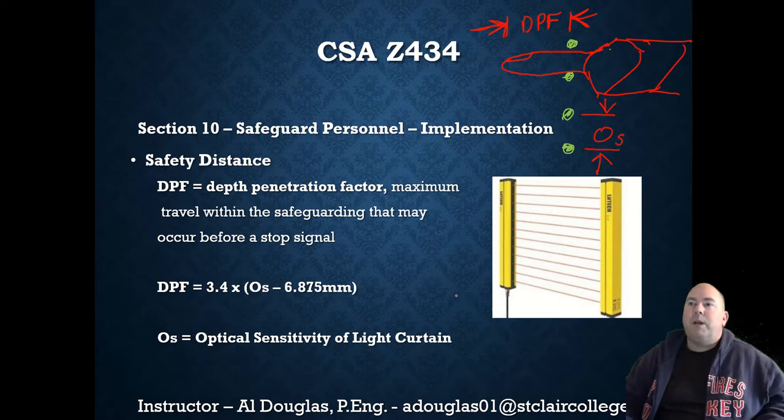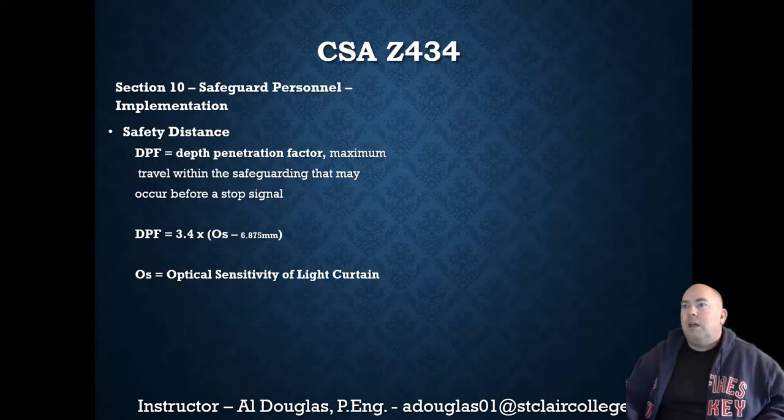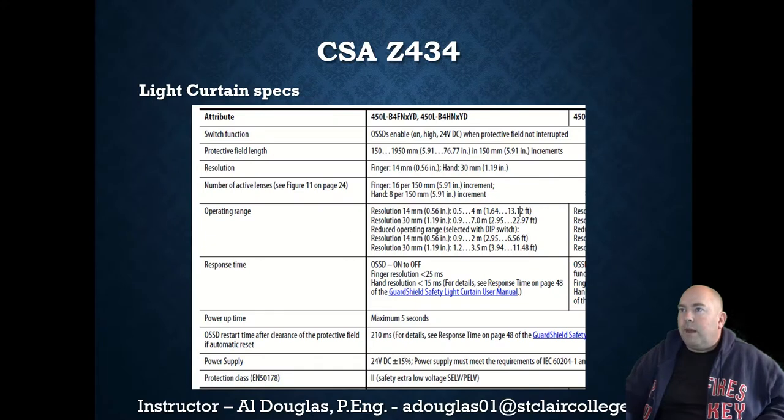If we know that, we can calculate it, because OS minus 3.875 millimeters multiplied by this will give us our DPF. How do we know that OS? It's a number you can find in the specifications of light curtains. They will refer to it as the resolution.